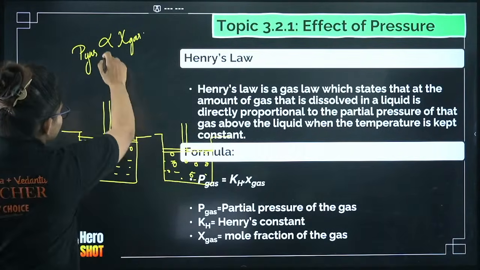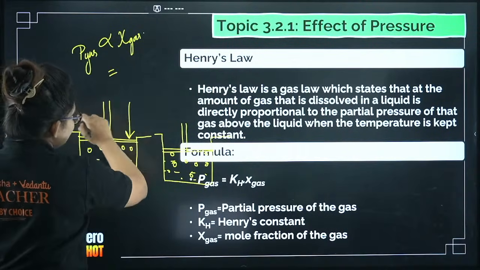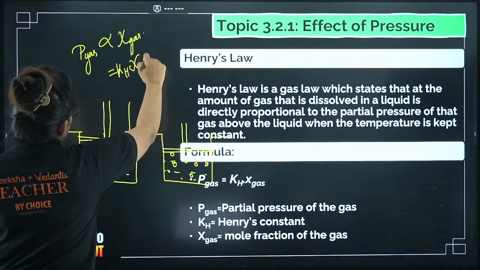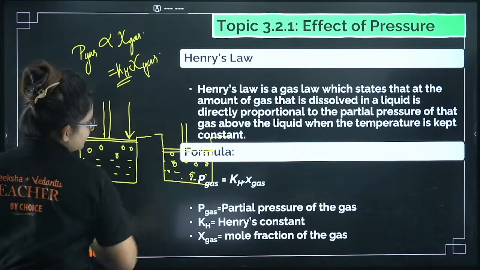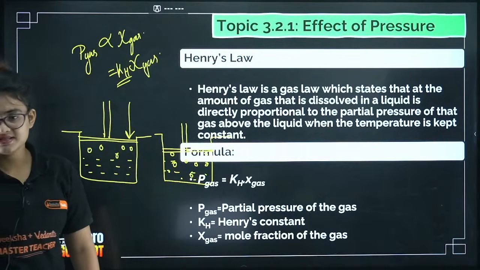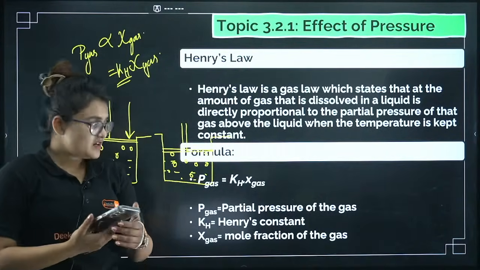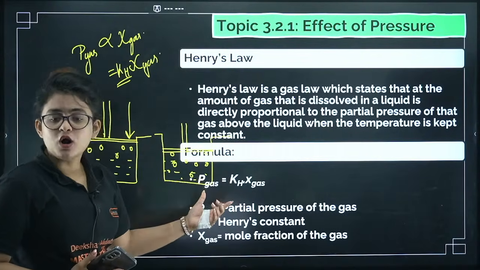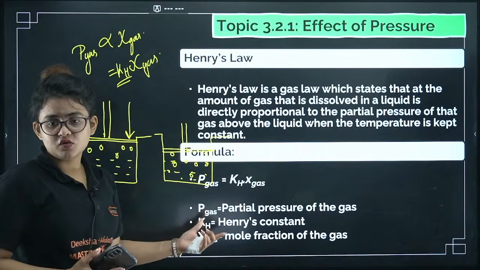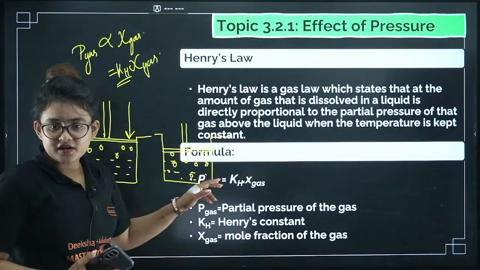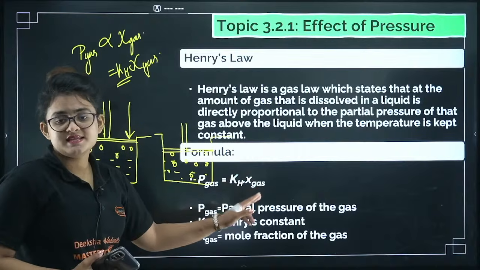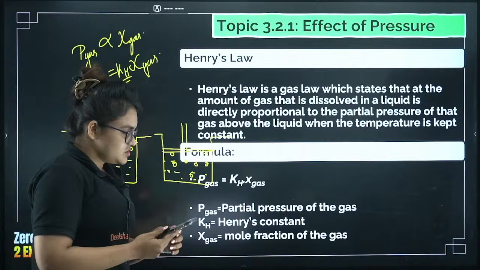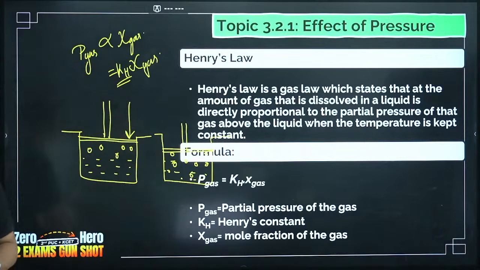If you remove the proportionality sign, a constant comes in: P equals kH into the mole fraction of the gas. This kH is called Henry's constant. Whenever you write the mathematical form of any law, please make sure you write down the abbreviations, meaning what is P, what is kH, what is X. It's very important. I guess it's clear to you. Let's proceed further.